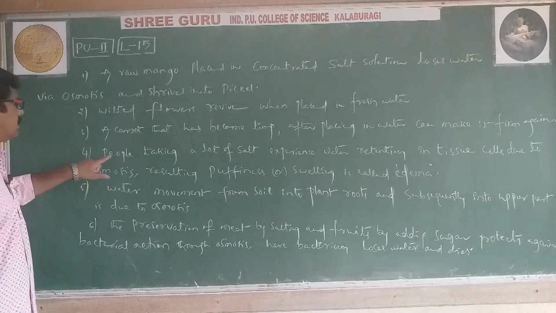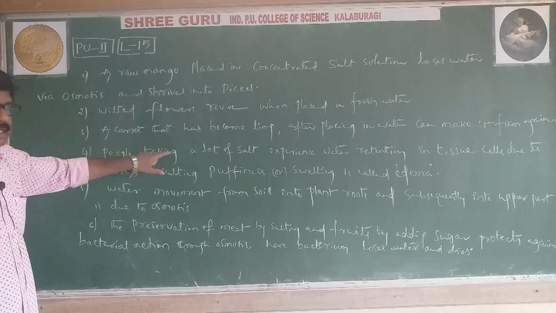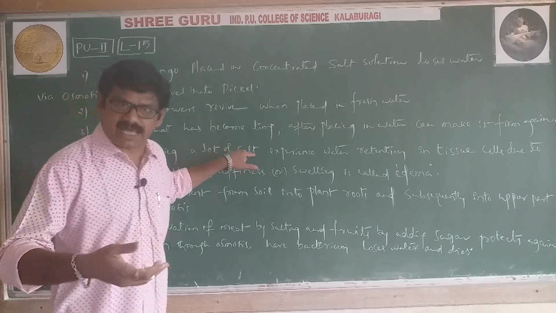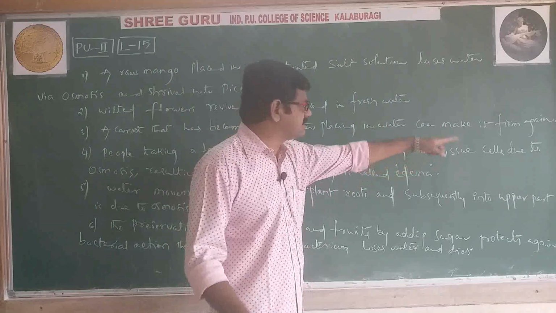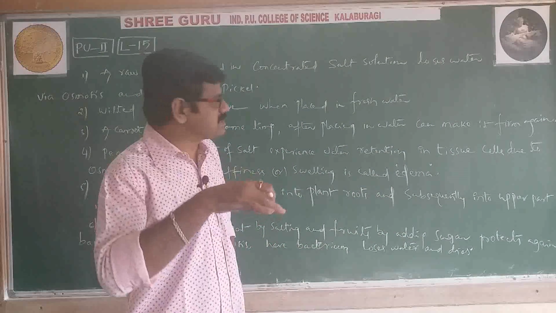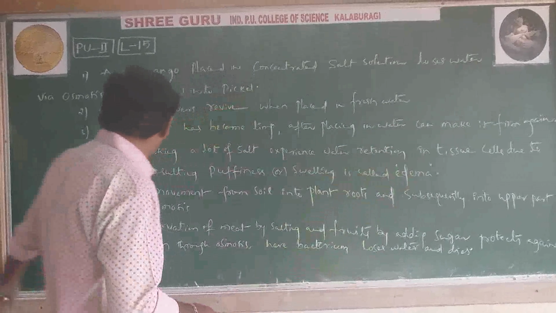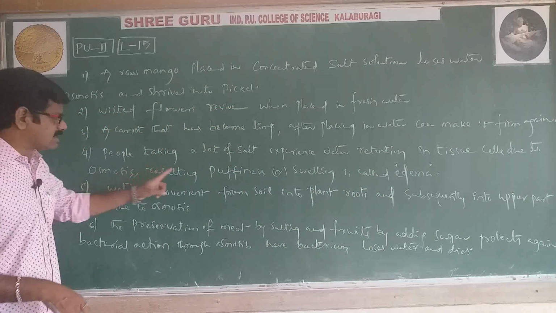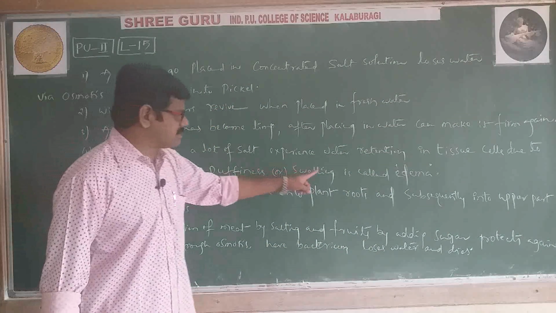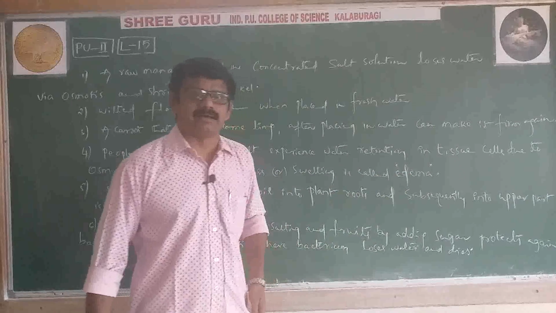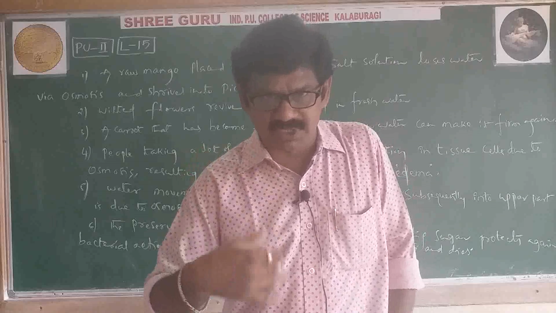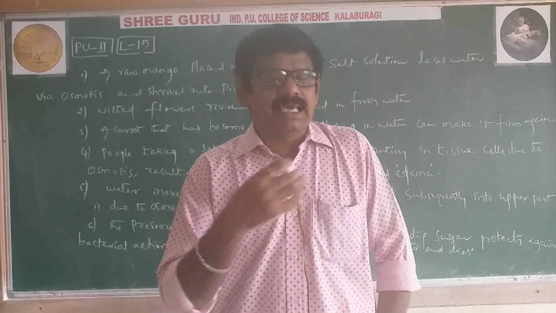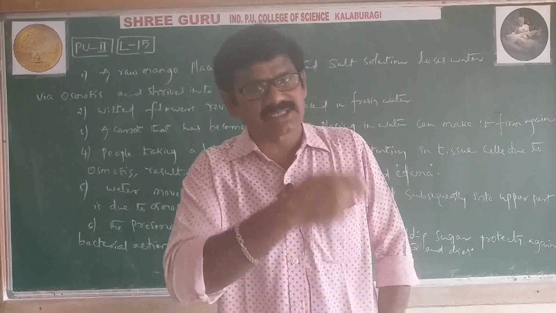Then next, people who generally take a lot of salt as well as salty food experience water retention in their tissues, in their cells, due to osmosis, resulting in puffiness, that is, swelling, called edema. Means for people taking more salty food, the concentration in their body cells is more.